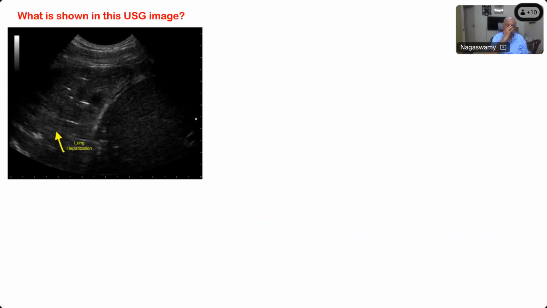What is shown in this USG? It's already written there. Liver, stages of pneumonia. It is already shown here in yellow, lung hepatization. Okay. So what does hepatization mean?